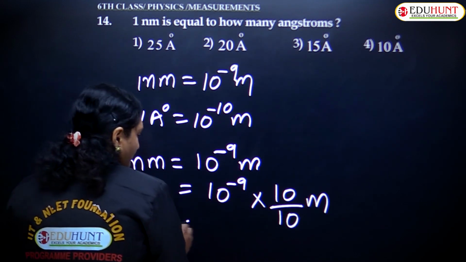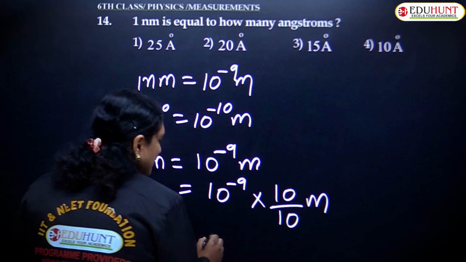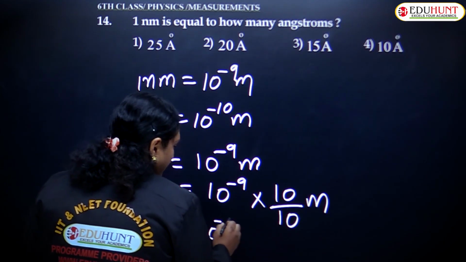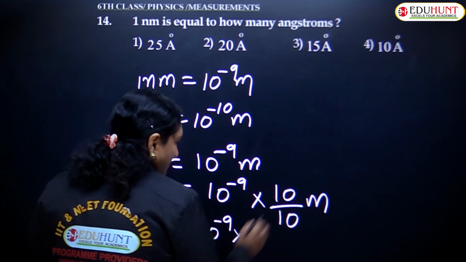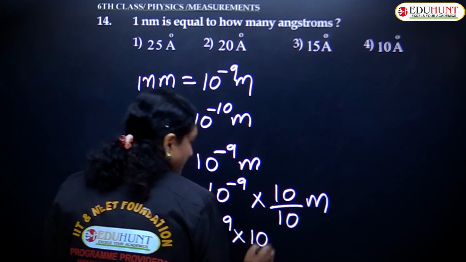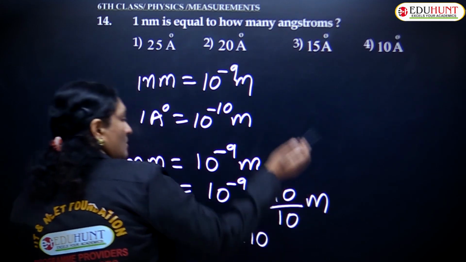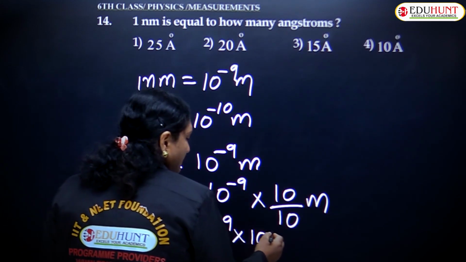Then this can be written as 10 power minus 9 into this 10 as it is. This 10 goes downward in the denominator, so how much does it become?